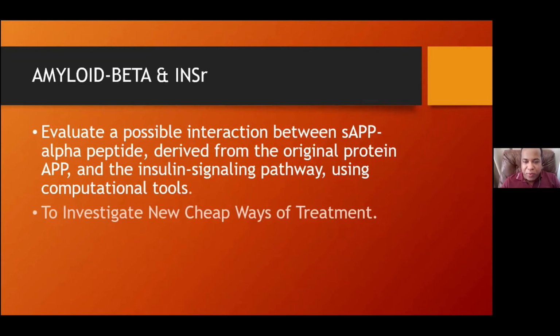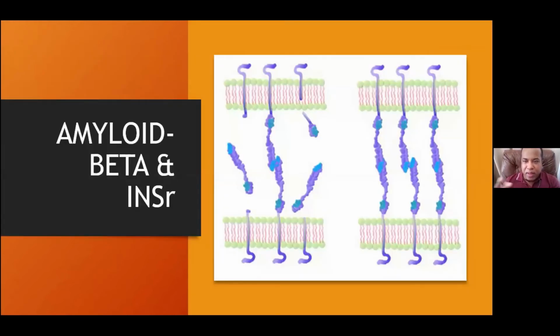Okay, so to evaluate the situation, we decided to investigate the different pathways related to the insulin signaling pathway and SAPP or APP and beta amyloid, just to propose a treatment for Alzheimer's disease. As you can see here, we have the amyloid peptide. I have a neuron here. This is a synapse. I have the pre-terminals, here I have the post-terminals, and we have the action of the APP peptide in the synapse.